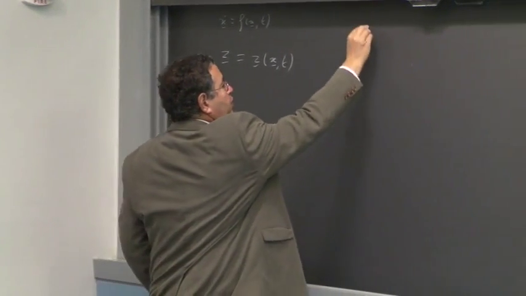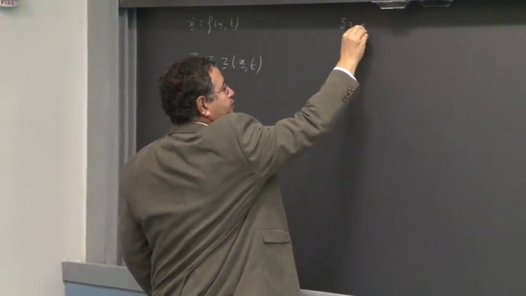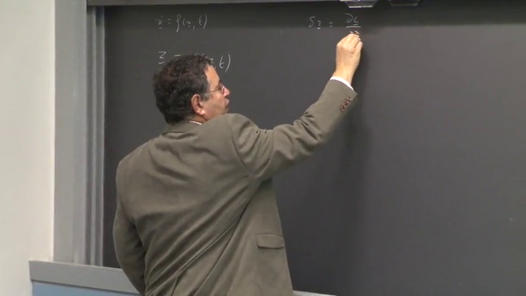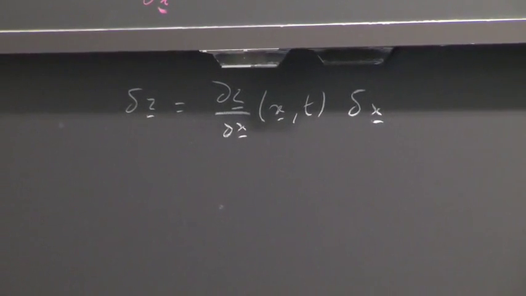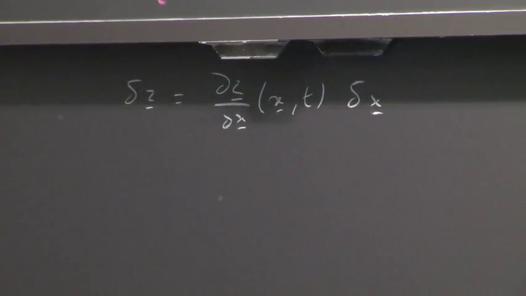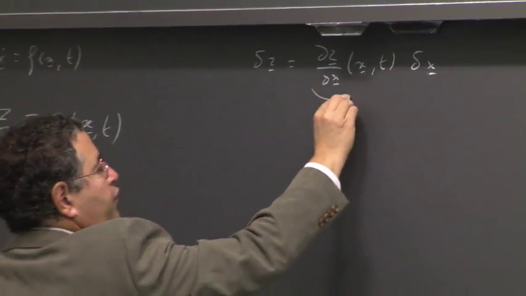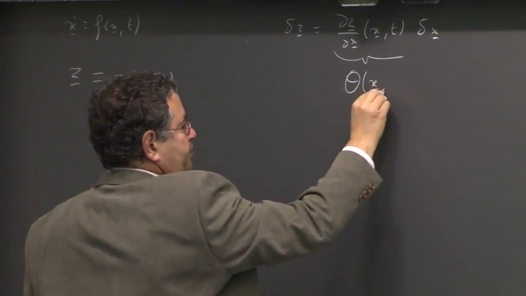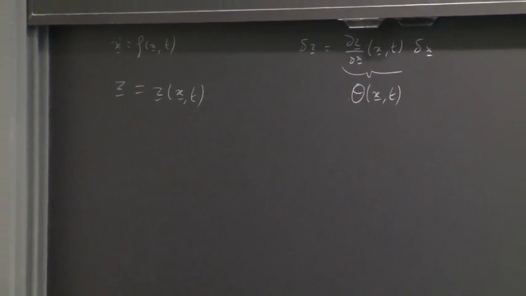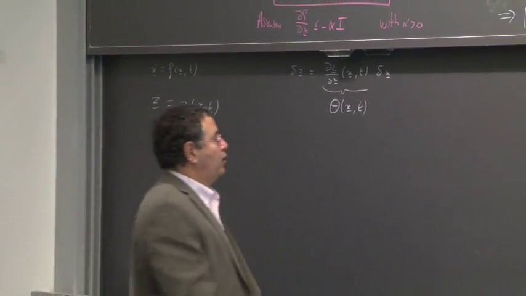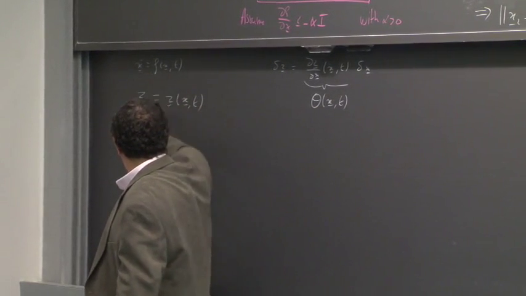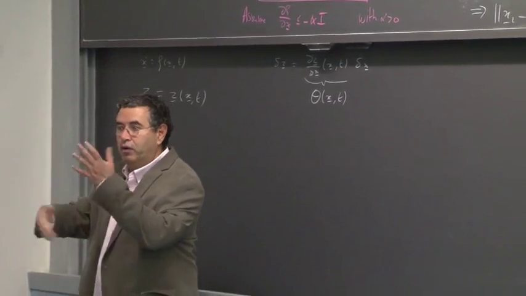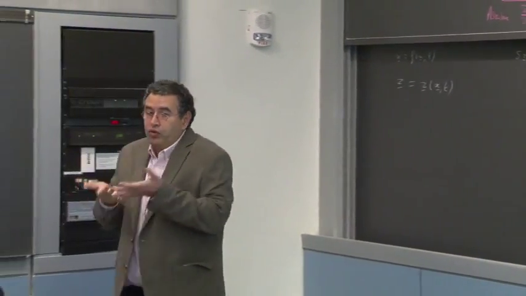So we can look at delta z, right? And delta z is dz over dx of x and t times delta x. And this matrix we're going to call theta. Right, in other words, we could take this system and replace, and we would have z inverse and things like that. We can do it directly on the differential form because we care only about the Jacobian anyway.